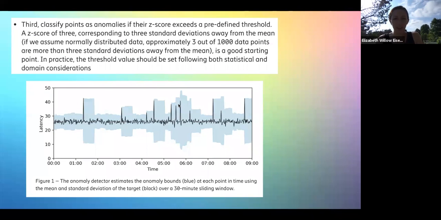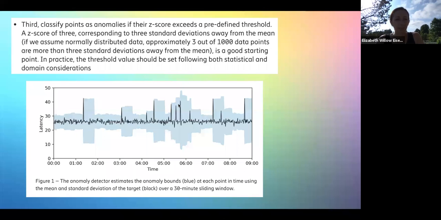We can use that to classify points as anomalies if the z-score exceeds a predefined threshold, which is the same thing as saying if the p-value is less than a predefined threshold, then we reject the null hypothesis that this is not an anomaly. This is a different way of doing it, using the z-score instead of the p-value, but it effectively does the exact same thing.